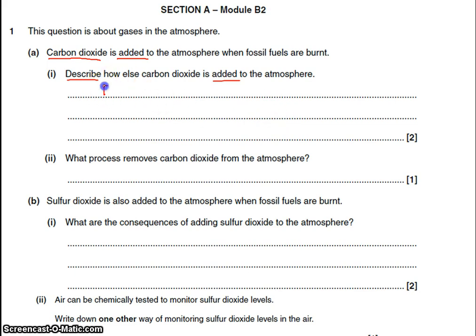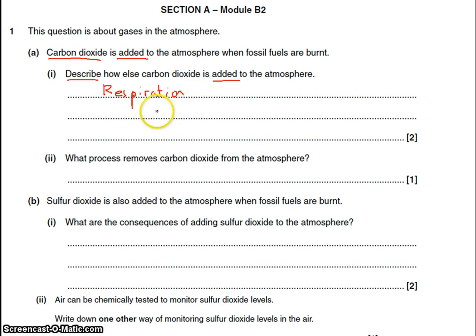So this question is basically identifying a couple of processes that can do this. The main one is respiration, because in respiration living organisms take oxygen and glucose and produce energy, and the products are carbon dioxide and water. So respiration is one of the main answers that you should put for this.